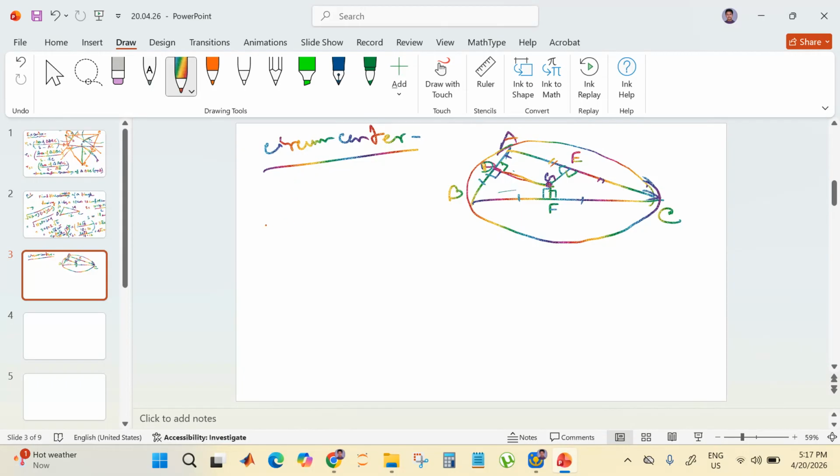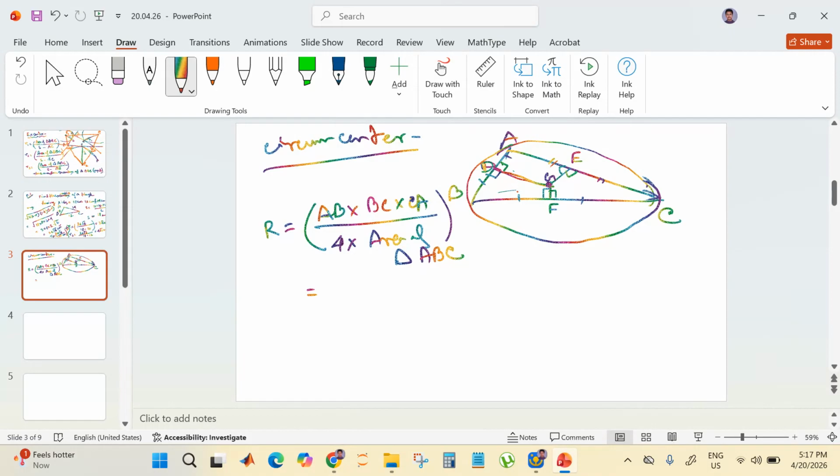So circumradius capital R equals to, you have to multiply all the sides AB into BC into CA, whole divided by 4 times the area of this triangle ABC. Okay, this is the formula.